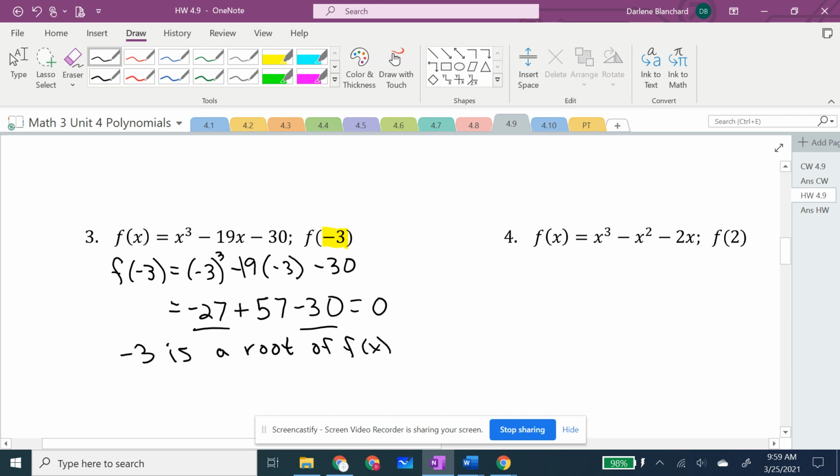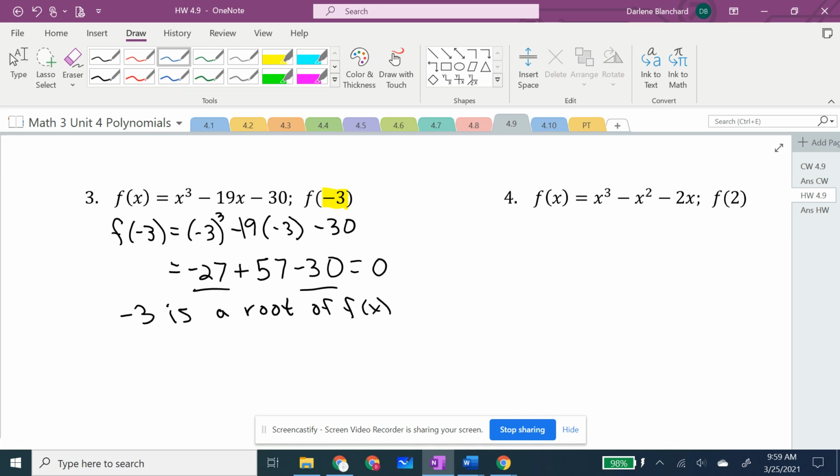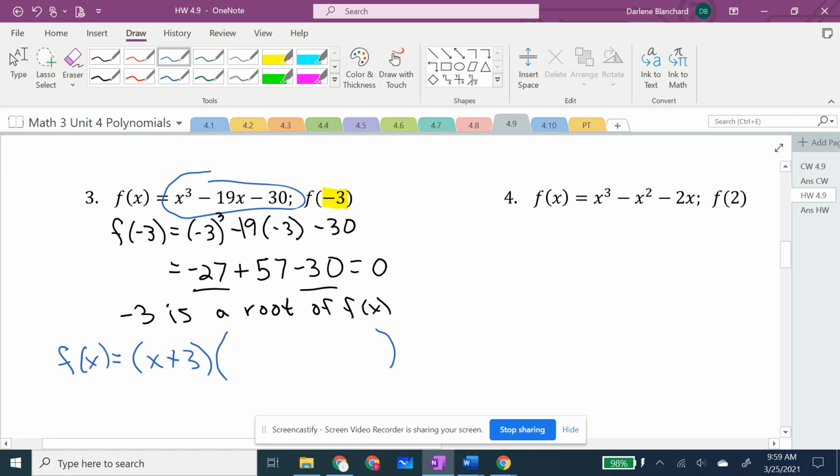Now, if -3 is a root, that means that x minus -3 is a factor. I need to divide this polynomial by x plus 3 to begin factoring this third-degree polynomial.